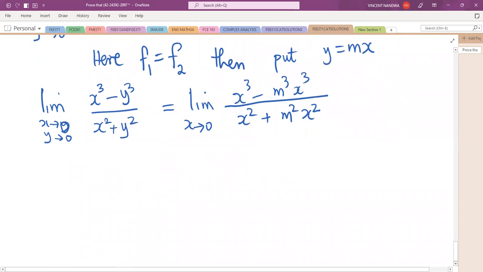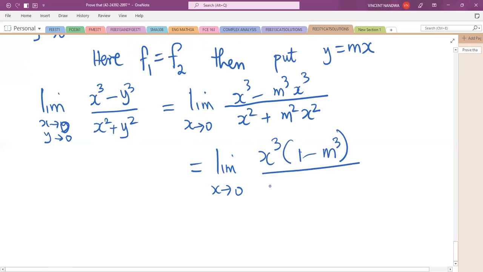By doing this, we can write it as the limit as x approaches 0. Factor out x cubed in the numerator, so we have 1 minus m cubed, divided by factoring out x squared, 1 plus m squared. So this is the same as the limit as x approaches 0.